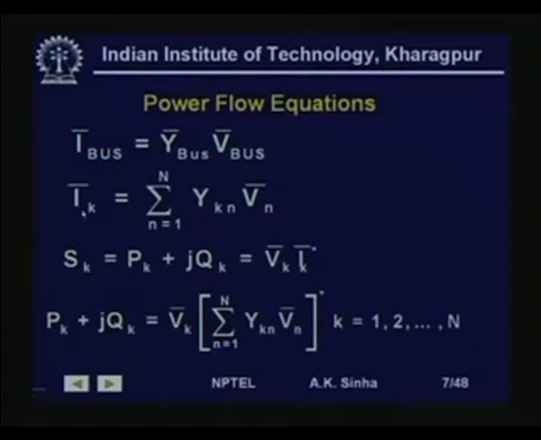Now, knowing this, we can write the complex power injection at bus k as S k is equal to P k plus j Q k is equal to V k into I k conjugate, where V k is the voltage phasor at bus k and I k conjugate is the conjugate of the current phasor injected at bus k. Now, this I k we can replace by this relationship.